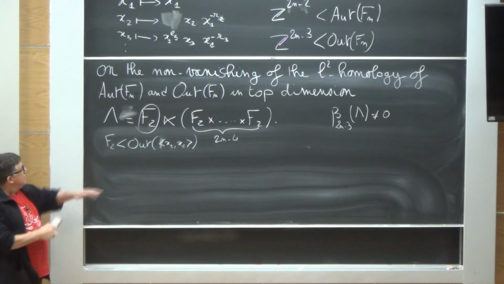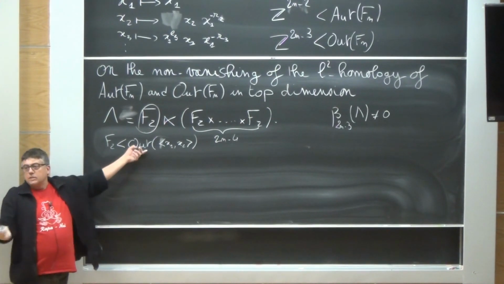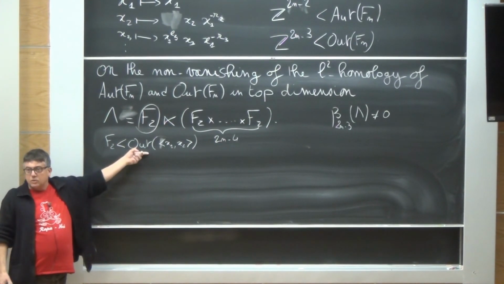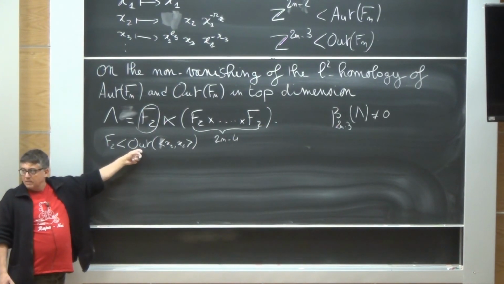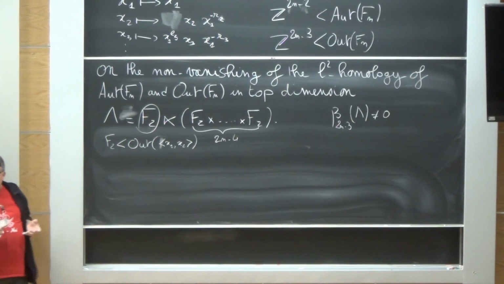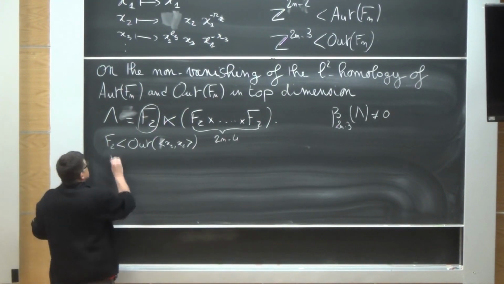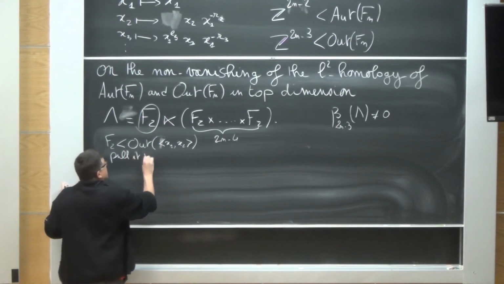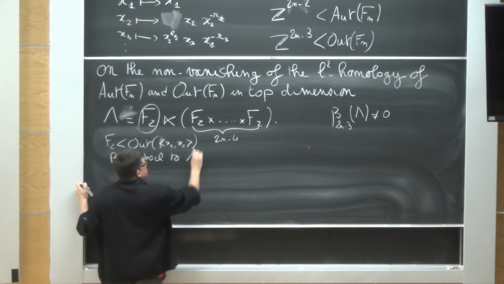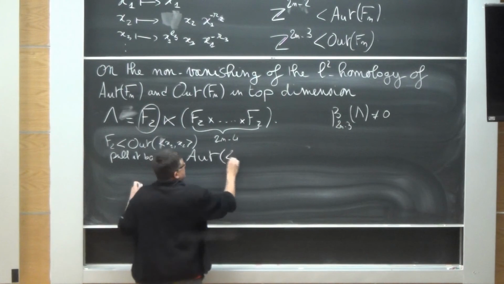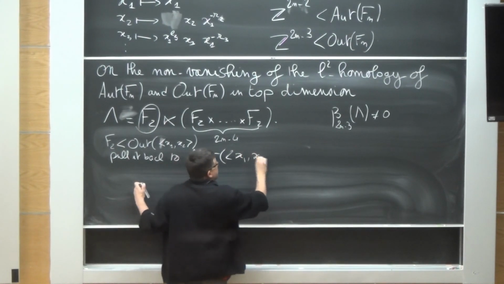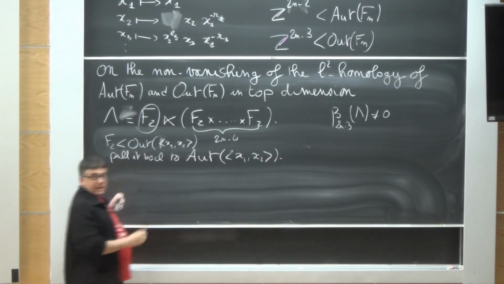It is known that this, I told you, is isomorphic to GL2(Z). It is known to contain subgroups which are free on two generators, right? You put it back into Out of the group generated by x1, x2.